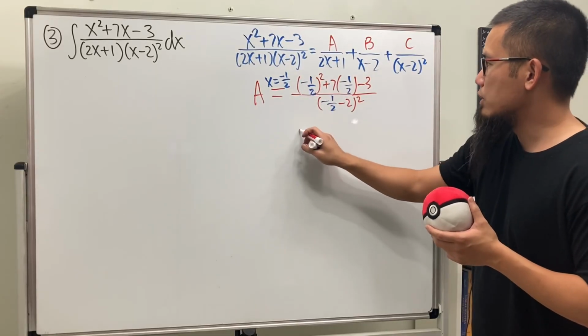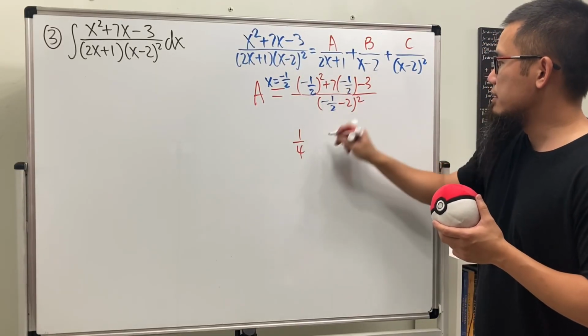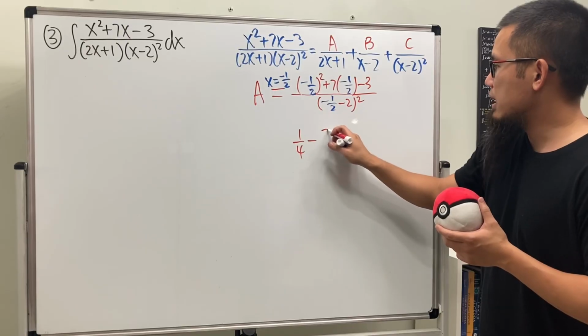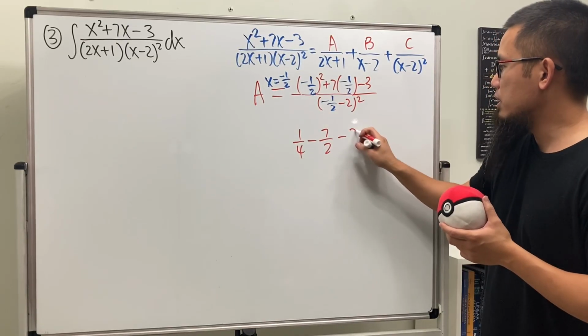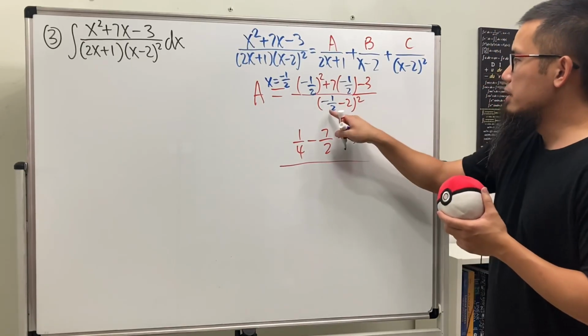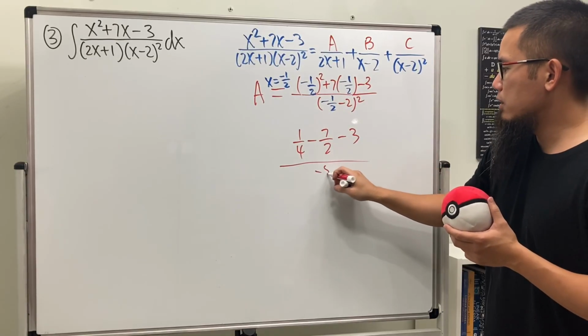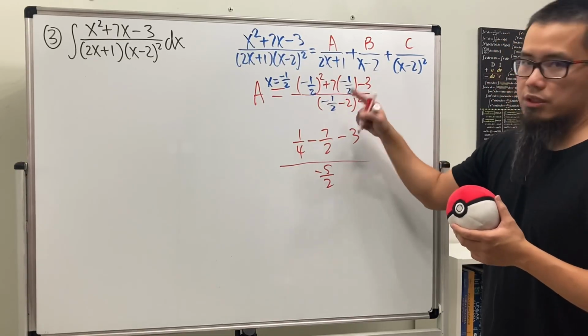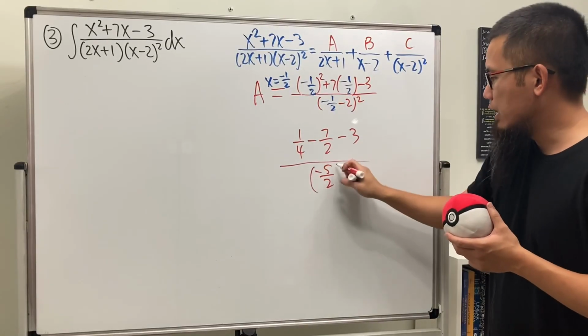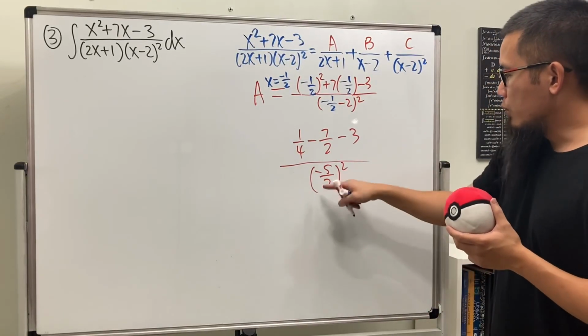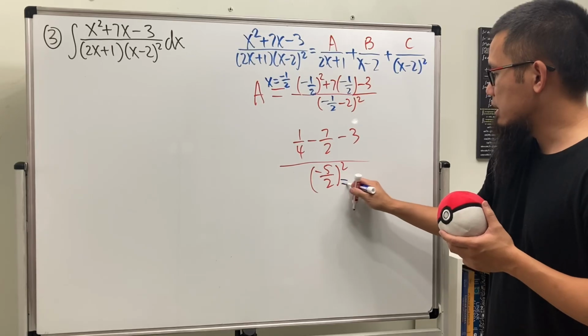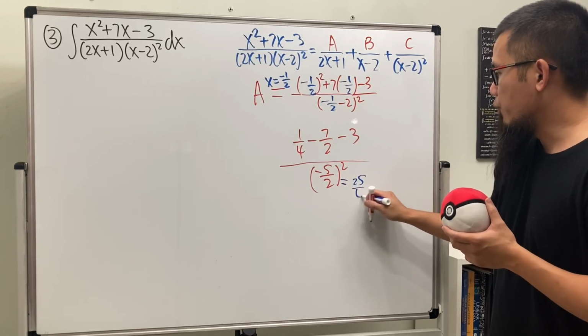This is going to give us positive 1 over 4, and this is going to give us negative 7 over 2, and then minus 3. And on the bottom, this is going to give us negative 5 over 2, right? Because you just get the common denominator all worked out, and then you have to square that. So when you square that, this is just the same as 25 over 4.